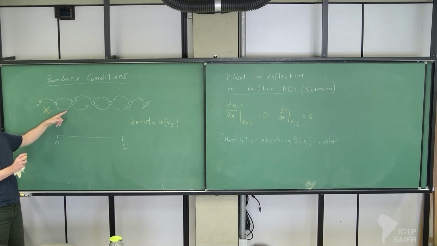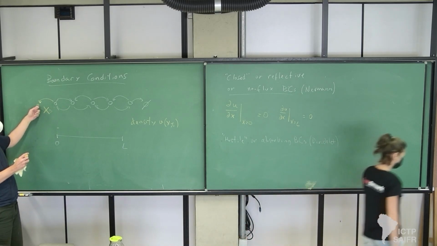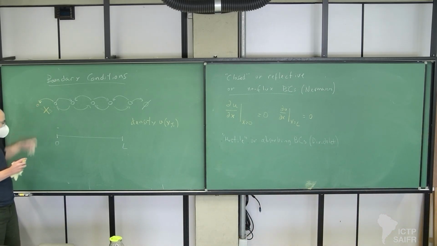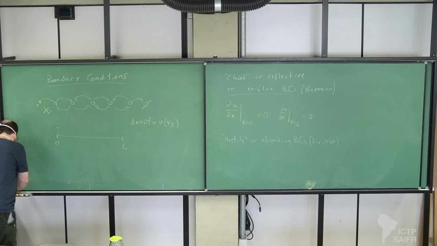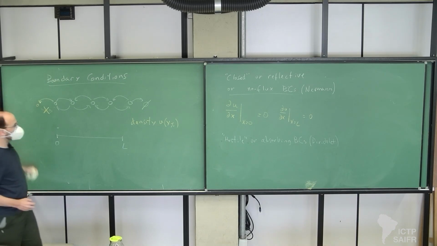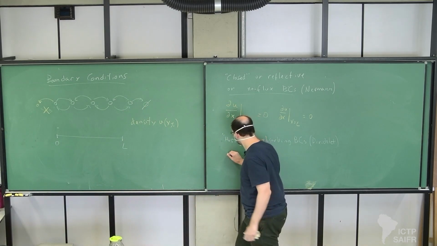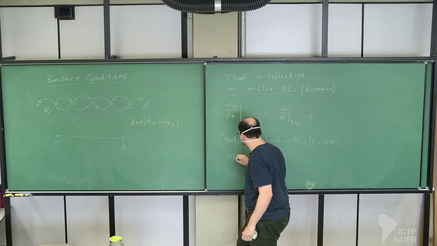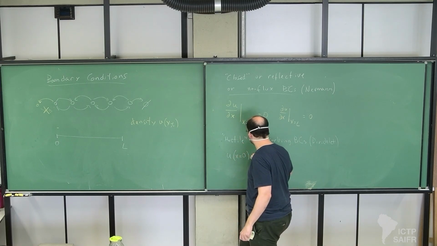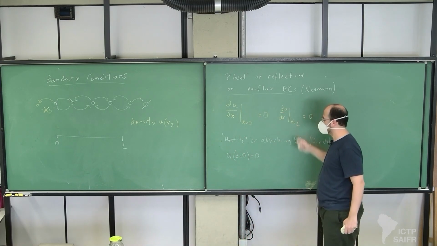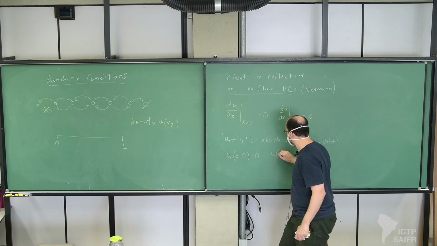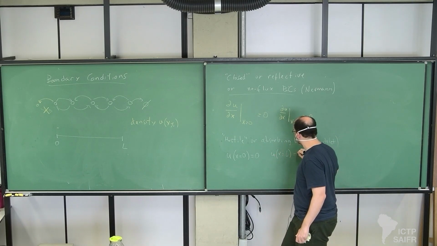So now the density of this patch is zero. For this kind of boundary condition, not the derivative, we are going to set that u, the density at x equal to 0, is equal to 0, and the same thing at the other boundary: u at x equal to L is equal to 0, okay?